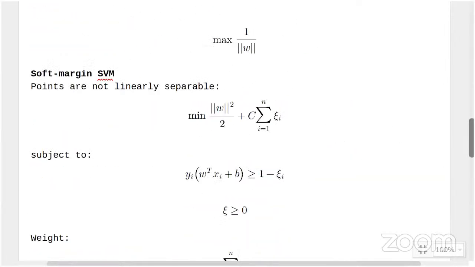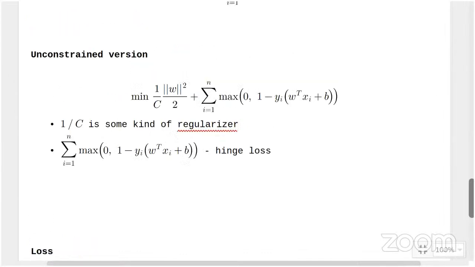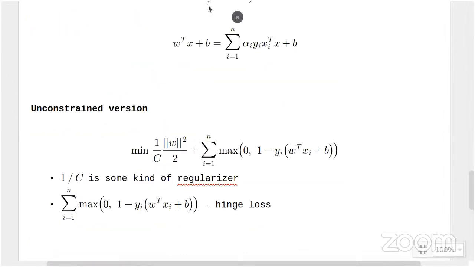In other words, when we have inseparable cases, we have two options. One is we tolerate slack variables and use a soft margin SVM, or we do a kernel trick, go to a higher dimension where it is linearly separable, and then we don't need any of this slack business.